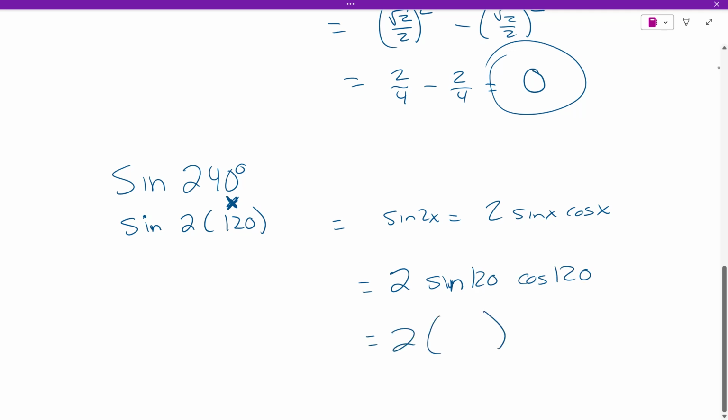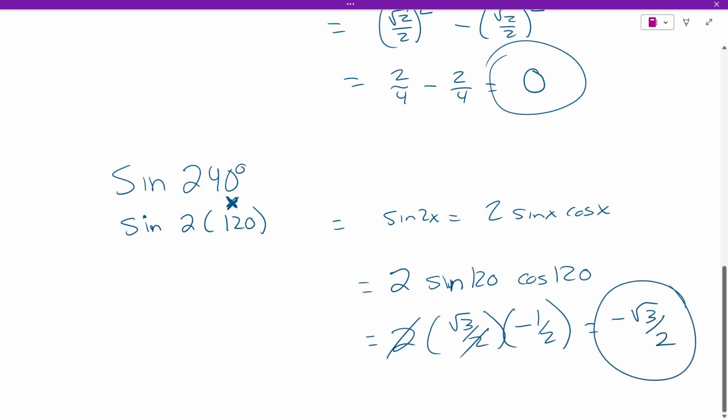The sine of 120 is square root of 3 over 2. The cosine of 120 is negative 1/2. If I multiply all these together, this 2 and this 2 cancel. So I got square root of 3 times negative 1, which is negative square root of 3 over 2. If you look on your unit circle at 240 degrees, the sine of 240 is negative square root of 3 over 2. Okay? We're just proving it using a trig identity.